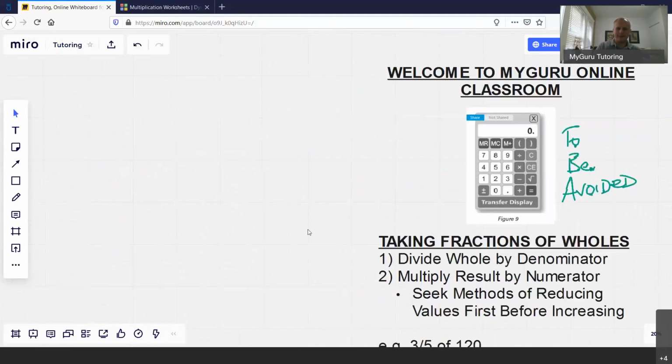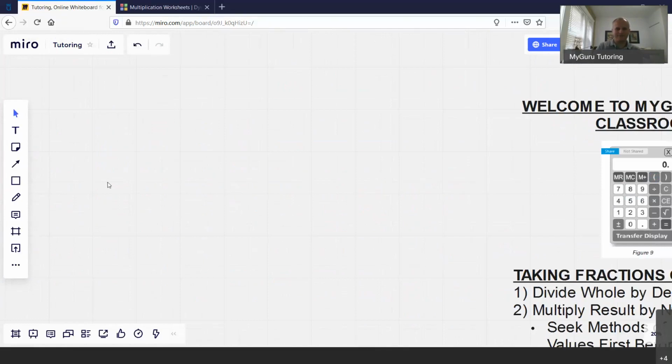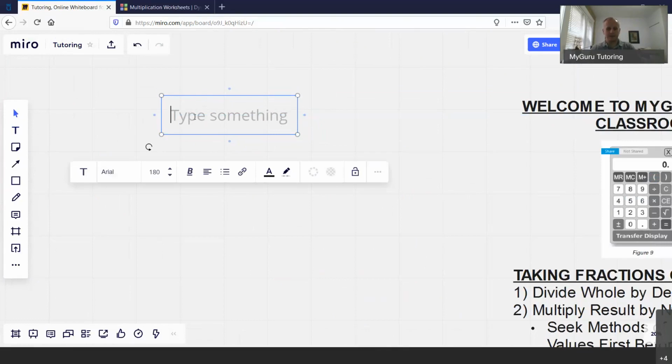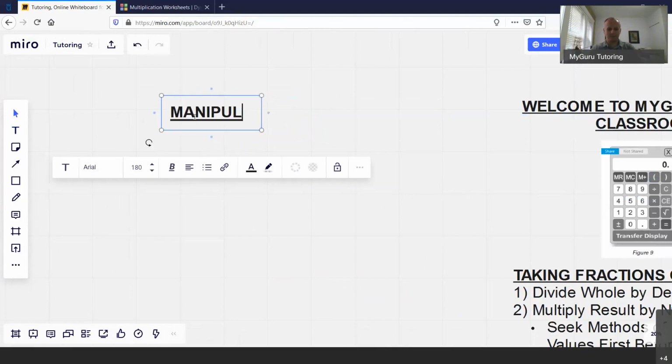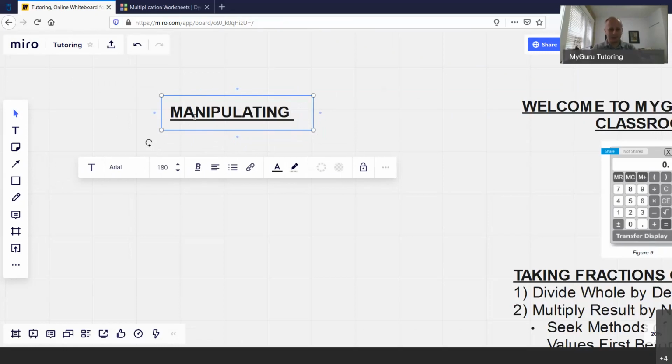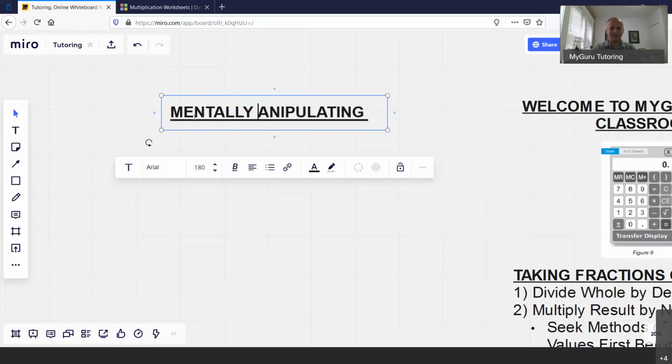So the next topic we'll talk about is going to be percentages, because percents are basically how medieval merchants would calculate things in their head. So this is going to be mentally manipulating percents.